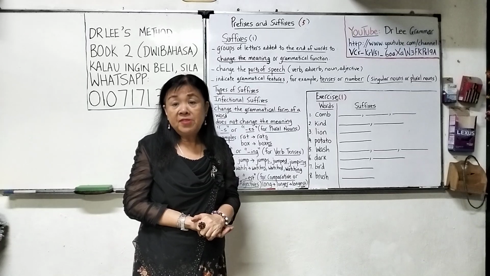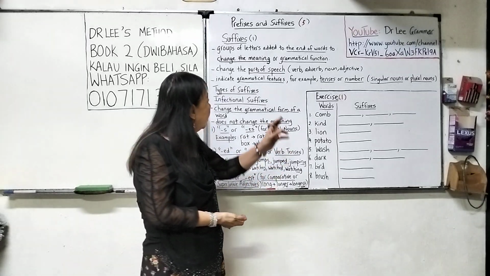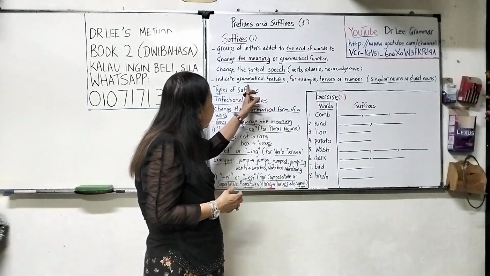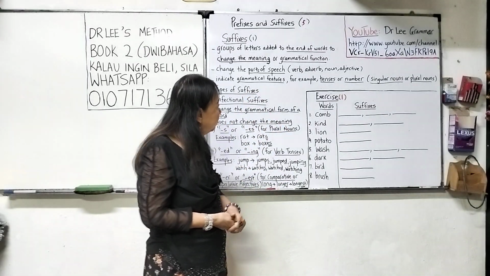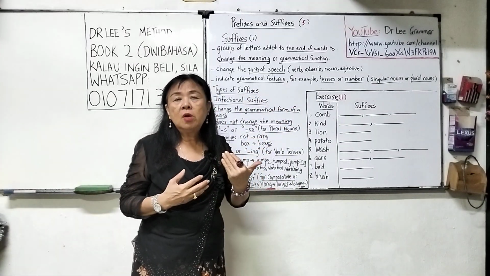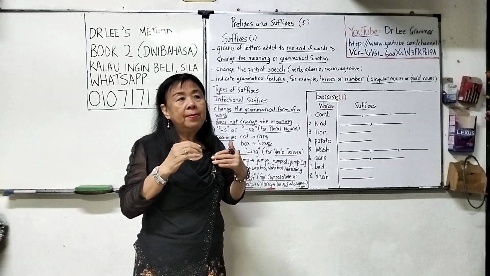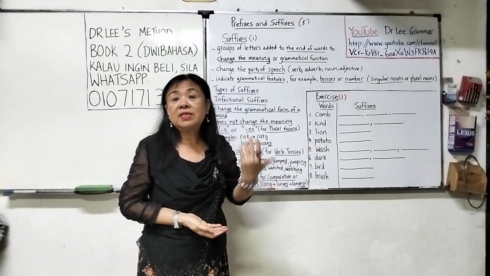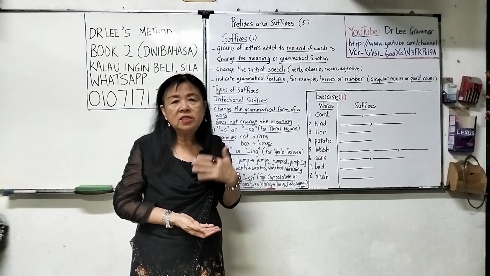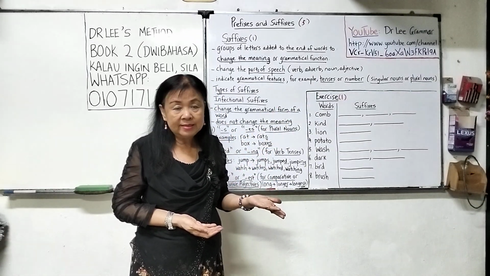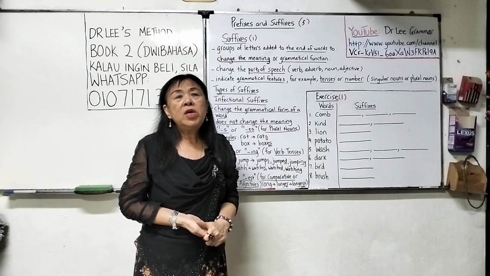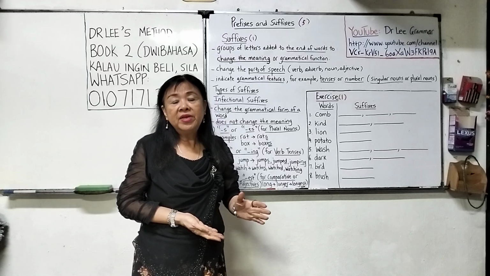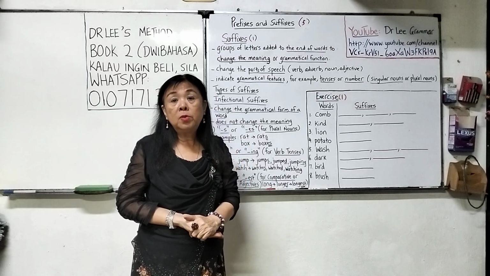Or we add suffixes to words because we want to show grammatical features. For example, we add suffixes because of the tenses that we are using: present tense, past tense, future tense, present perfect tense. Or we want to indicate whether it is a singular or a plural noun.